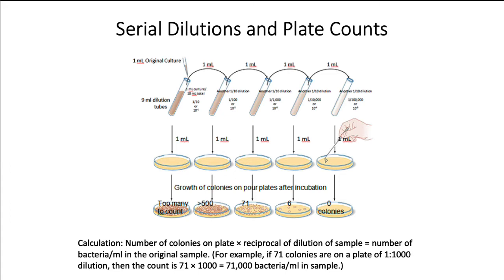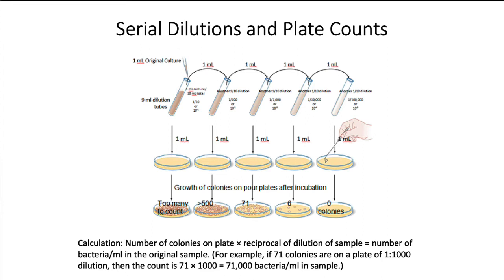How do you calculate the original number? Well, you will multiply the colony count by the dilution factor. So let's say 71 was in your 1 in 1,000 dilution, so you multiply 71 by 1,000, so that would be 71,000 bacteria per mL. Please note that you are adding to the plate 1 milliliter, which will give you at the end bacteria per milliliter.